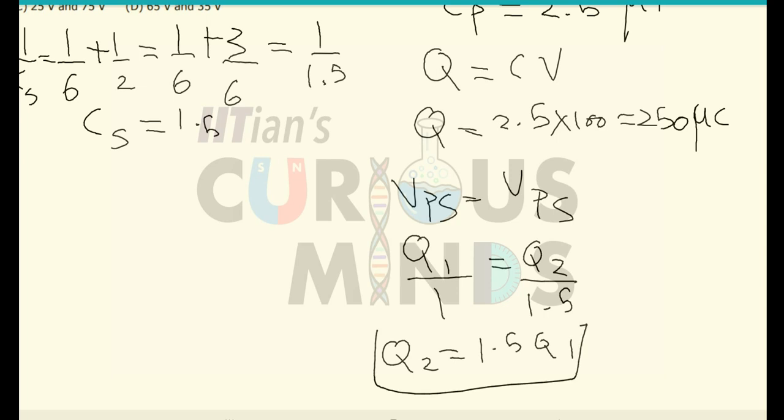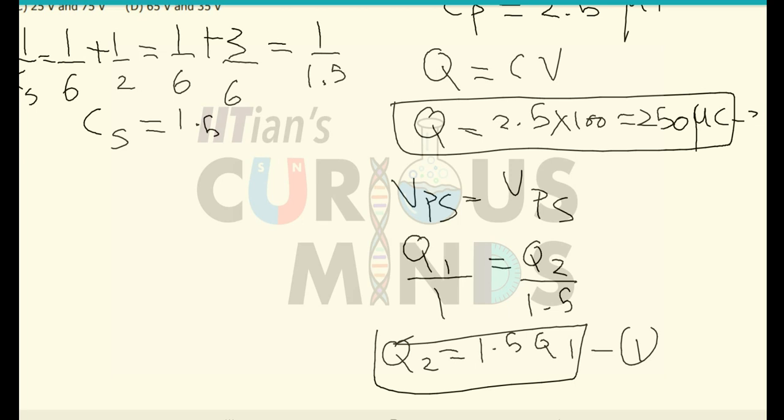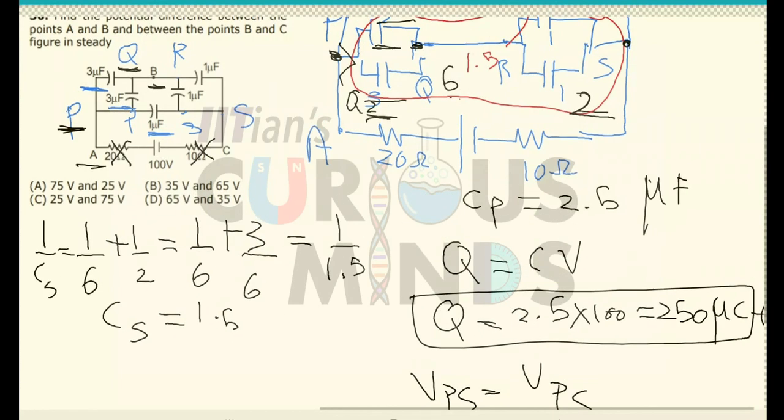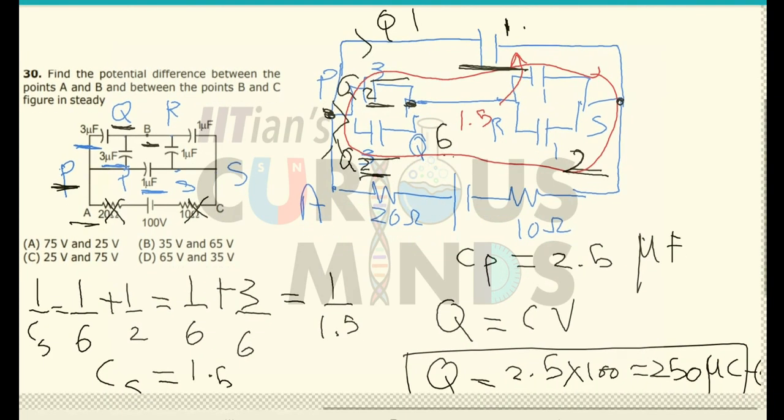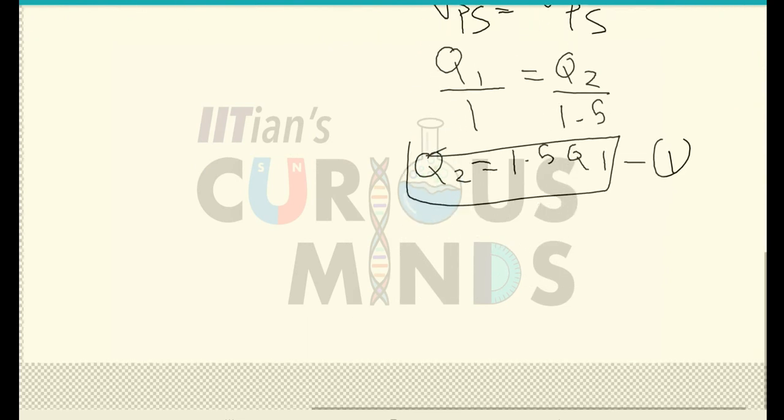Let this be equation number 1 and let that be equation number 2. If you see the diagram, this is Q1, this is Q2, and this is total Q. So Q over here will be equal to Q1 plus Q2.